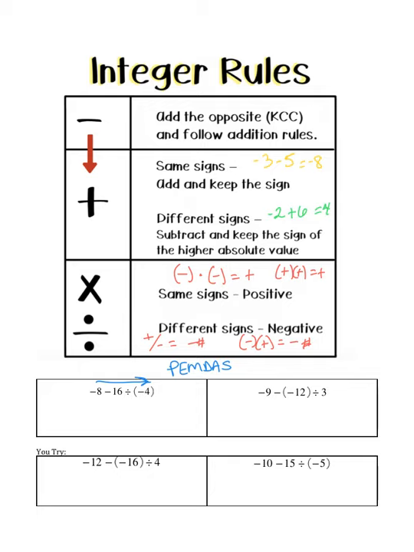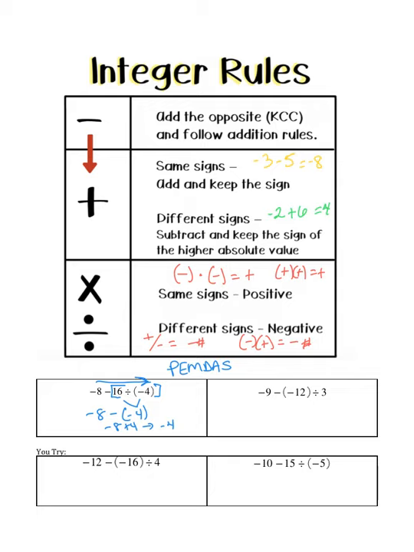You can do it this way and do 16 divided by -4, and that becomes -4. And then you have -8 minus -4 becomes -8 plus 4 becomes -4 as the total answer.